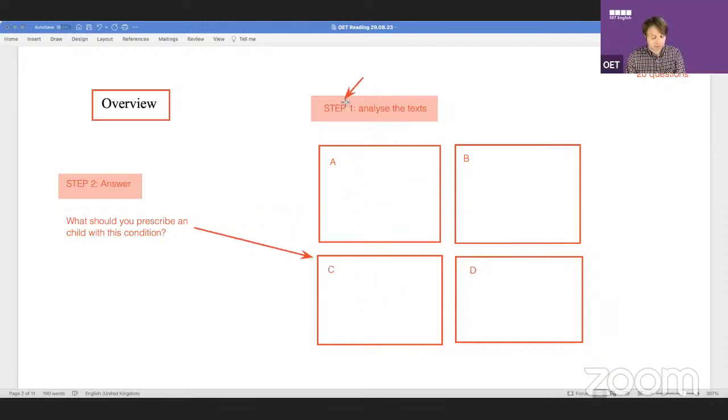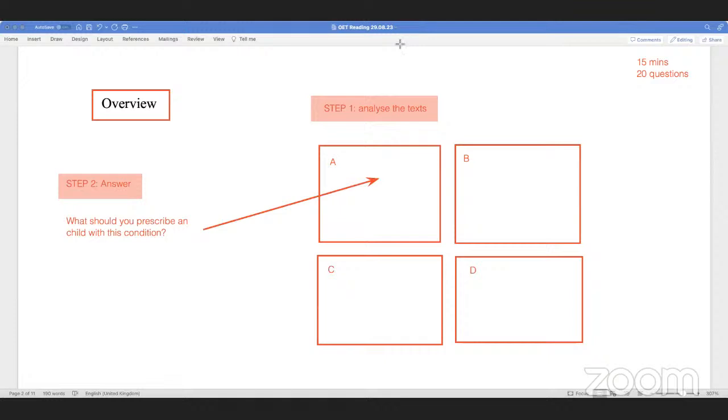Good analysis means that you do not have to read 4 texts. How many do you normally read to find the answer? Maybe 1 or 2. Okay. You should not be reading 4 texts for each question.